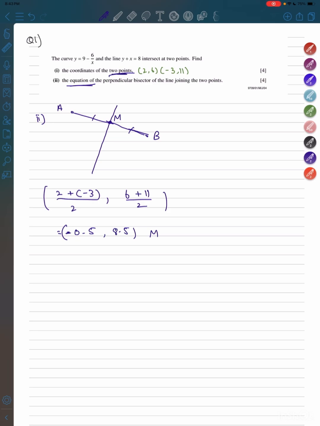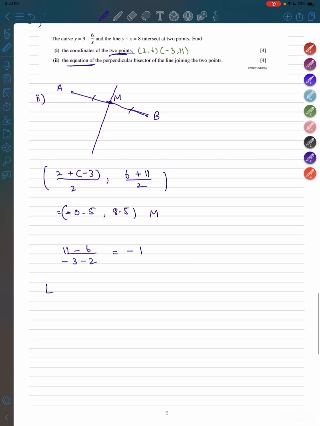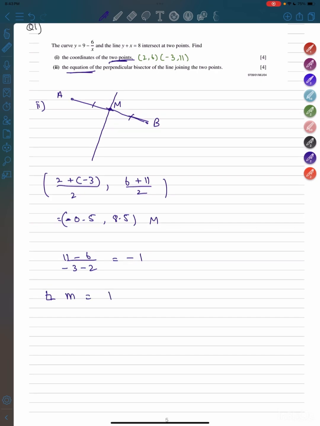First, I'm going to do y2 minus y1 over x2 minus x1. That's going to give us negative 1. And our perpendicular bisector gradient would be 1. So I just flipped this value. It's going to be 1 over negative 1, and multiplied by negative again. So that's going to give me 1.